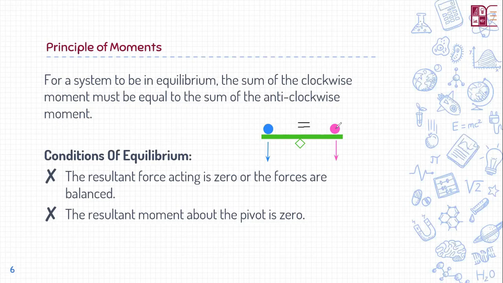Now let's say one is heavier than the other, let's say the blue object is heavier than the pink object. The blue object needs to move closer to the pivot point to balance this beam.